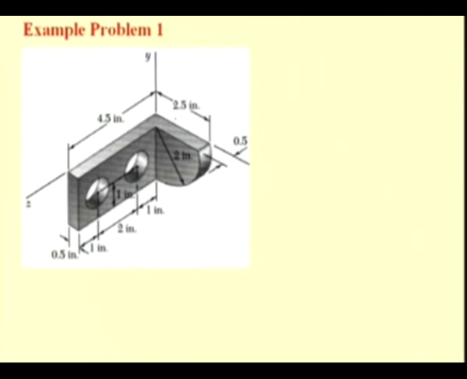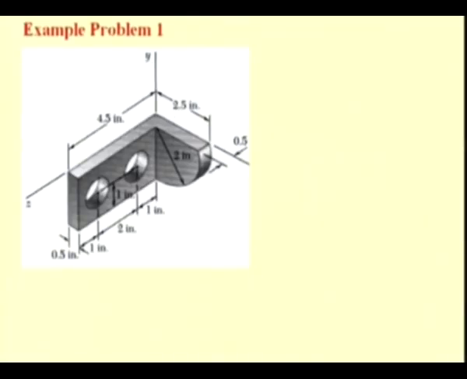Here we have an example where we find the centroid of a complex shape by decomposing it into simpler shapes, and for these simpler shapes we know the location of the centroid, and thus we can find the location of the centroid of a complex object. So here you see an object constituting of several features, like we have two through holes and some circular filleted region.